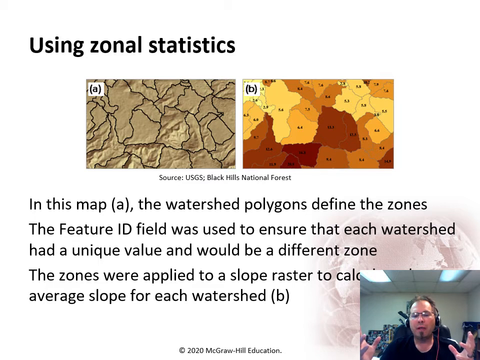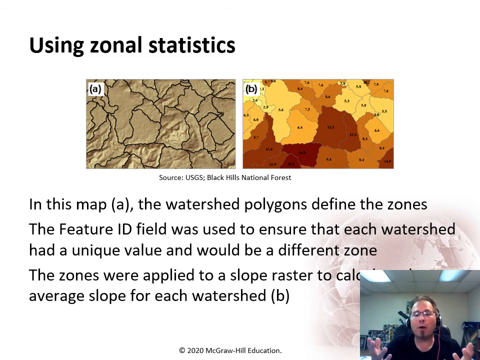What that allows you to do is get the best of both worlds. I have the areas of my polygons, and sometimes you need to know the areas, but now I can combine that with a raster and get back statistics, in this case the average slope of a watershed. What does that tell you?